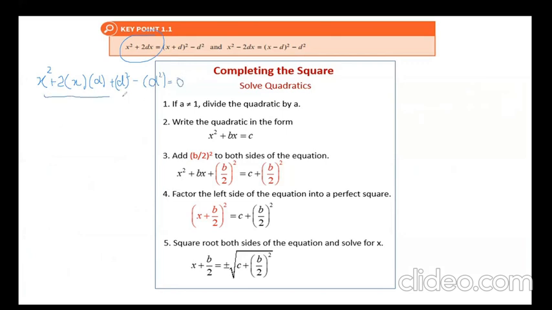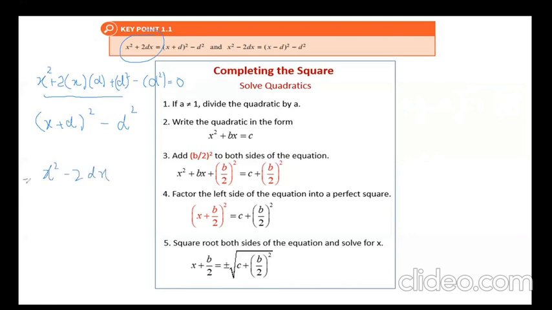So this is (a + b) whole square, that is (x + d) whole square minus d square.